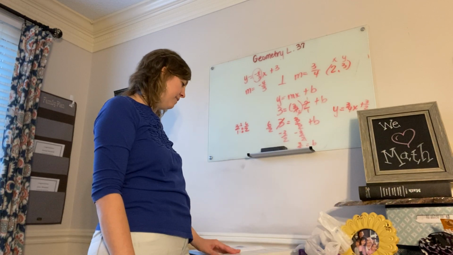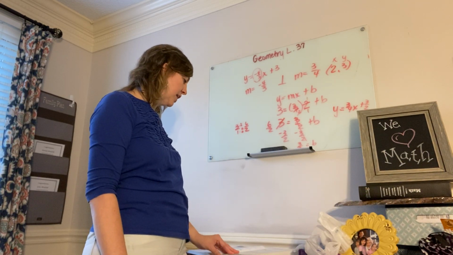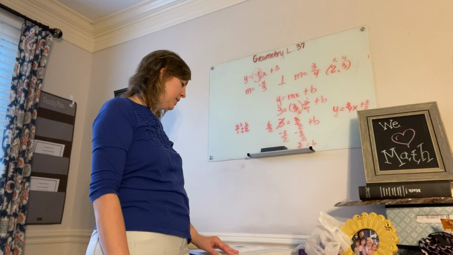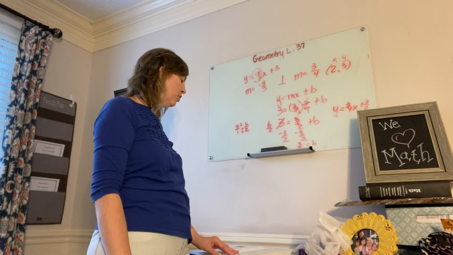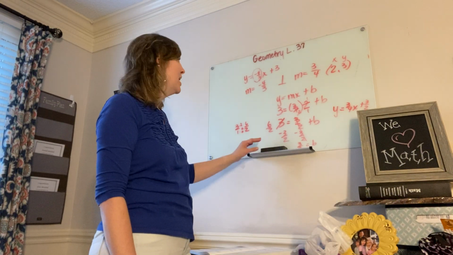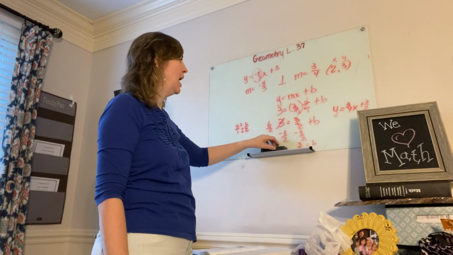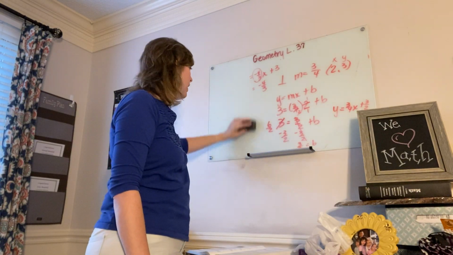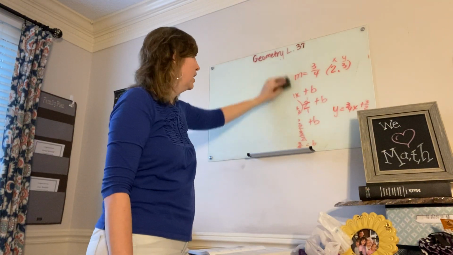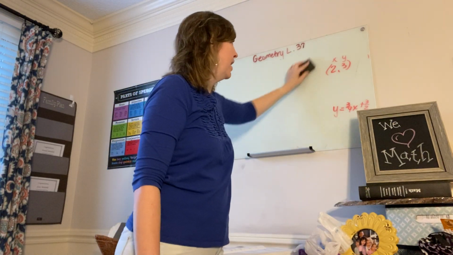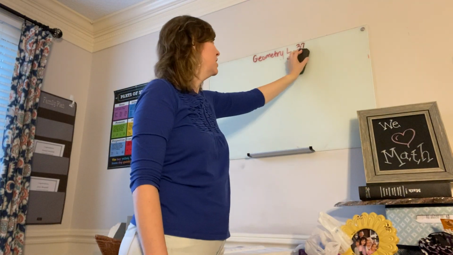So that's 37. All right, lesson 38, you're going to look at perpendicular and angle bisectors of a triangle. Now, we've already talked about perpendicular lines. If you're looking at perpendicular, remember that that's just crossing at 90 degrees.